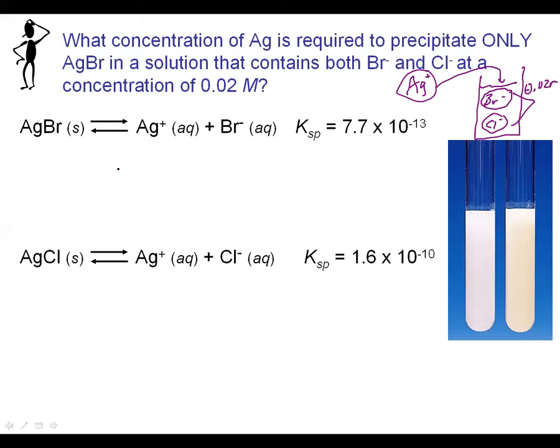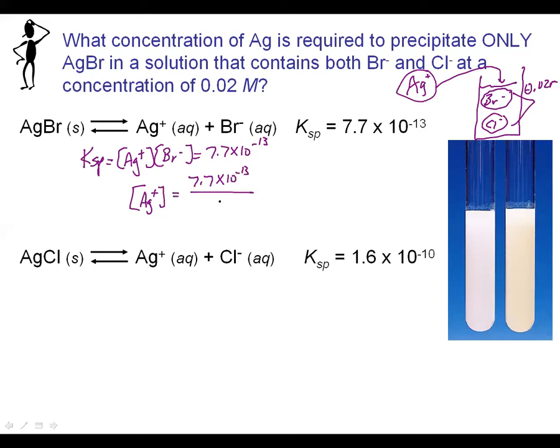To do that, we can use our Ksp to help us decide what to do. It really does start with the Ksp expression. For silver bromide, it is the silver ion times the bromide ion, and that equals 7.7 times 10 to the minus 13. What we're interested in is the silver concentration that we need. So we can rearrange this and solve for the silver concentration by taking the Ksp value and dividing it by the bromide value.